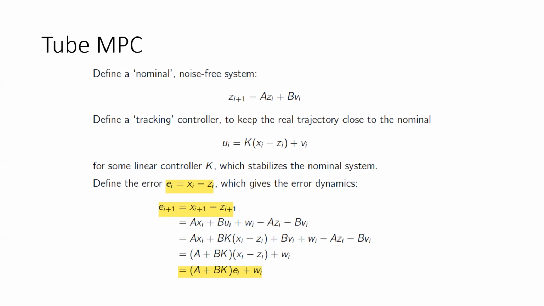If you do some math, using E to represent X_i minus Z_i, and plug in the dynamics for X_{i+1} and Z_{i+1}, you find that E_{i+1} is determined by this effect. In it, A is a coefficient and B is a coefficient, but we can freely choose K, and therefore we can put a limit on the size of the noise region.